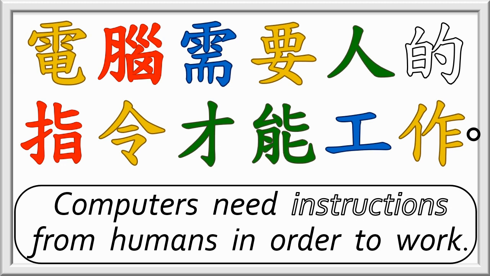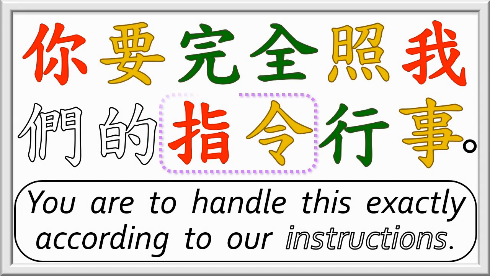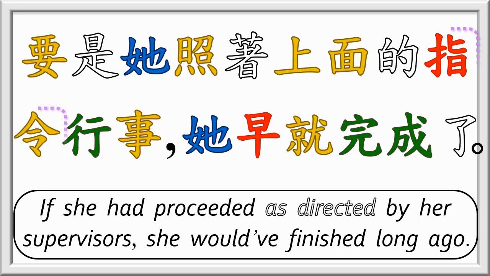Computers need instructions from humans in order to work. 你要完全照我们的指令行事. You are to handle this exactly according to our instructions. 要是他照着上面的指令行事，他早就完成了. Had she proceeded as directed by her supervisors, she would have finished long ago.